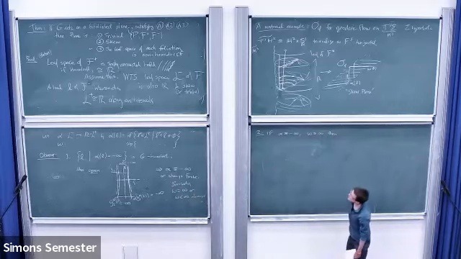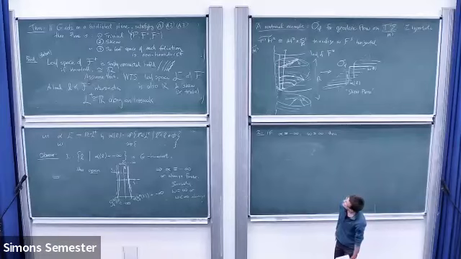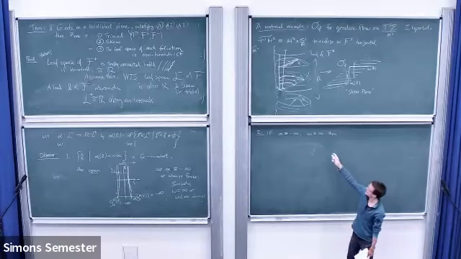This means that every leaf of L minus intersects every leaf of L plus. Every leaf of one foliation intersects every leaf of the other. That's my definition of what this means.